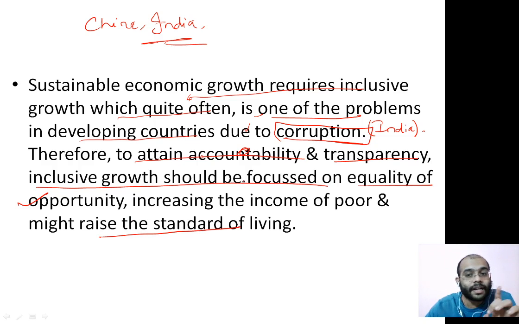Remember this: equality of opportunity, not equitable distribution, equality of opportunity as well as increasing the income of the poor. Then it will become equitable, right? So with that, our inclusive growth topic is finished.